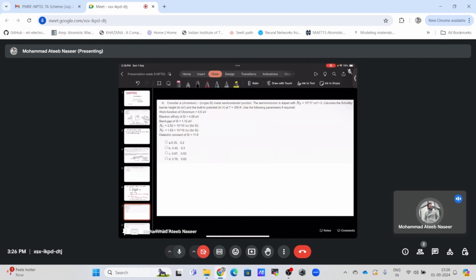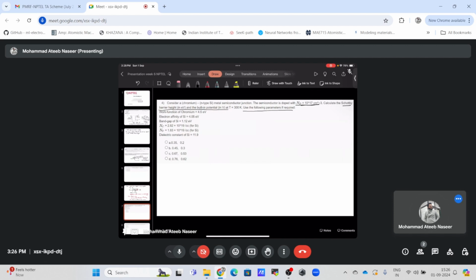As you can clearly see, this chromium metal is in contact with n-type silicon, and the semiconductor is doped with a concentration of 10 to the power of 17. We have to calculate the Schottky barrier height and the built-in potential, and we have to use the following parameters.